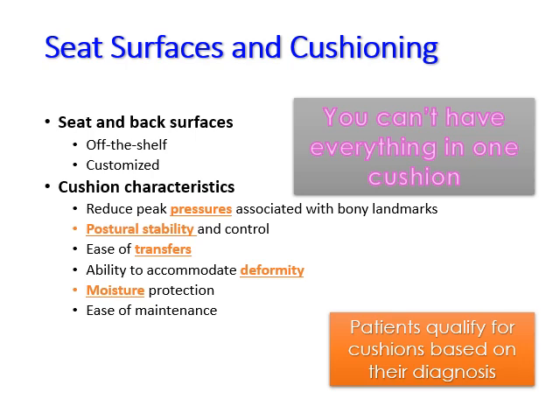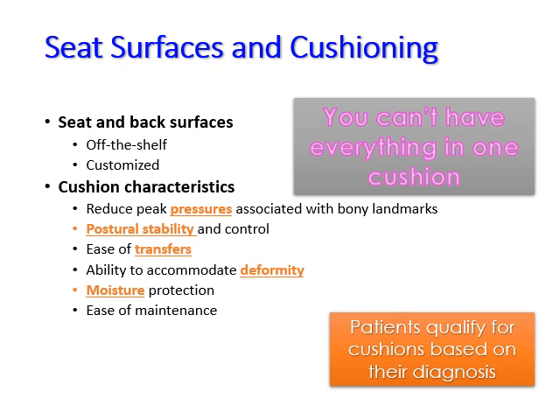We want to make sure that the characteristics of the cushion match our patient's needs, so they should reduce pressures from bony prominences. They should provide postural stability and control, and help with transfer.